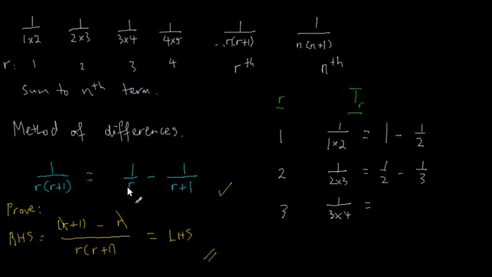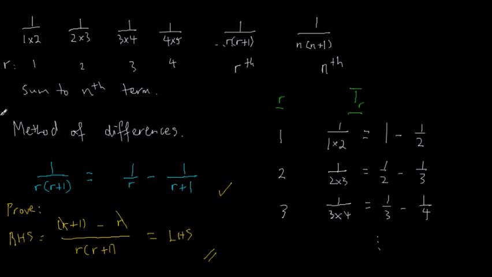If I use this with r equals 3, I get 1 over 3 minus 1 over 3 plus 1, 1/3 minus 1/4. And so on. And if we want to add up all these terms, it's the same as adding up all these.